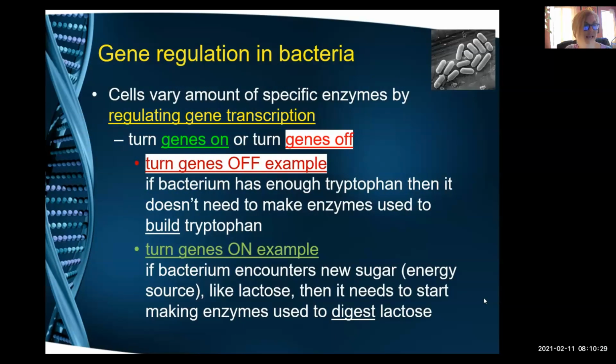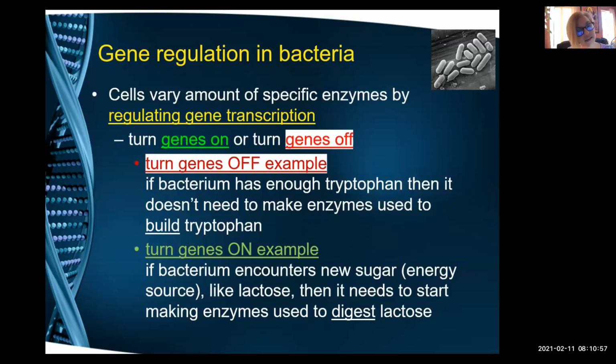Different cells, obviously, like our skin cells are different than our eye cells, right? And what makes them different? They're expressing different genes. So not all genes are being expressed all the time. And this is true for the bacteria as well. So we're going to start with the prokaryotes today, and then we'll get into eukaryotes, which is a little more complicated, later. So we can regulate gene expression by turning genes on or turning genes off.